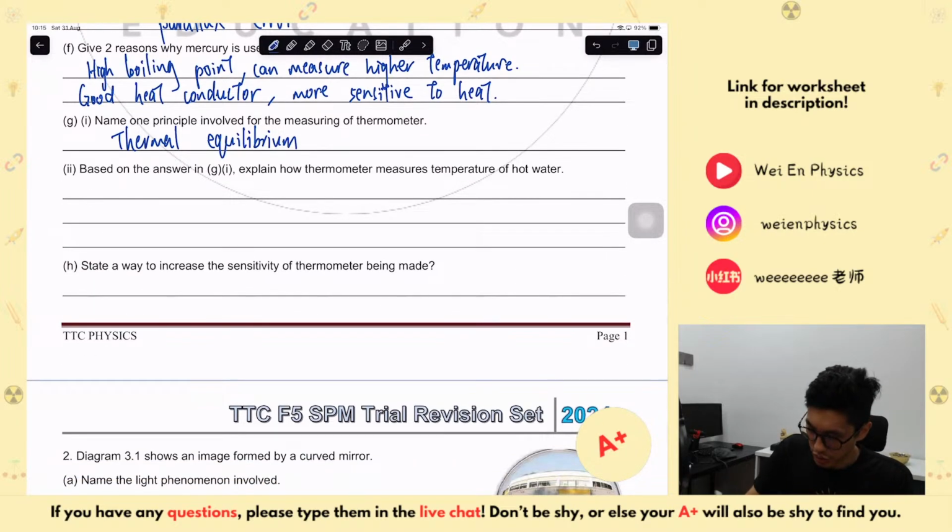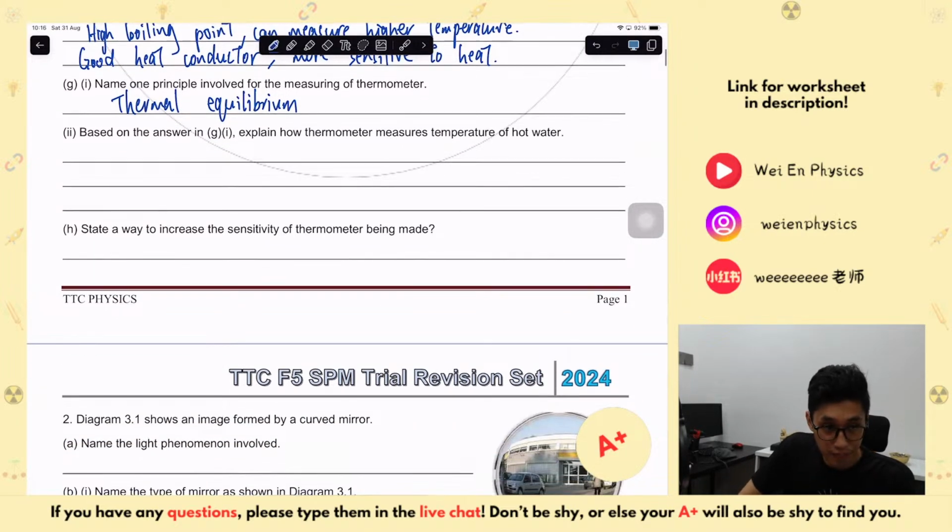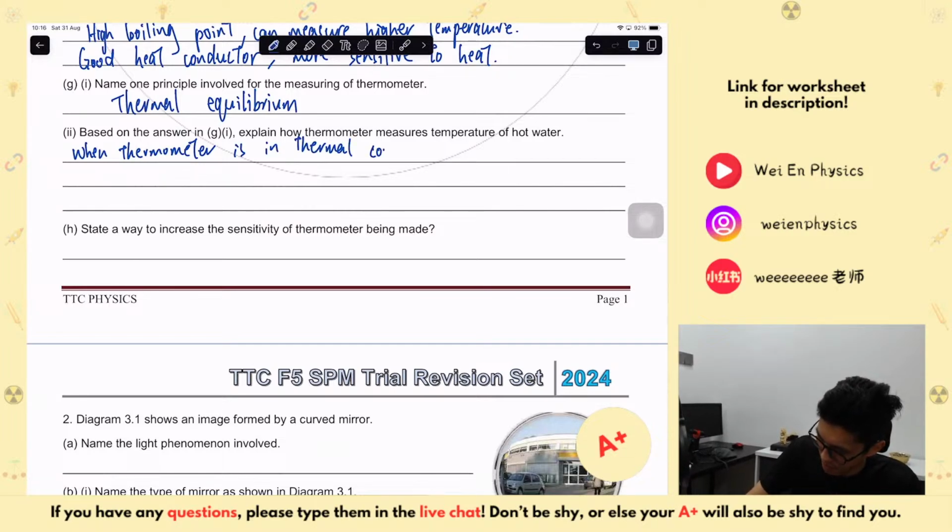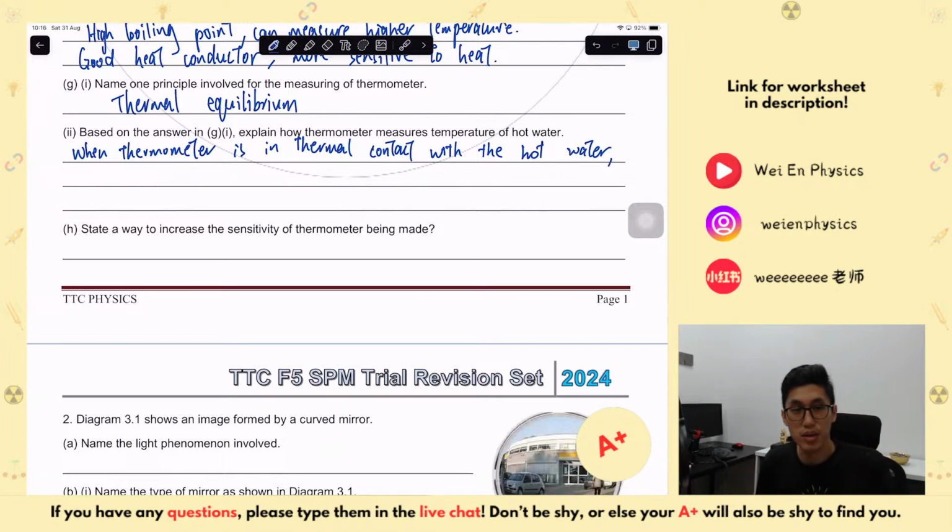So you can say when thermometer is in thermal contact with the hot water, this is the first thing. Thermal contact means that it must be able to transfer heat between each other.